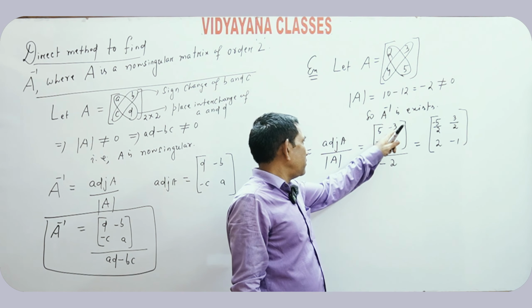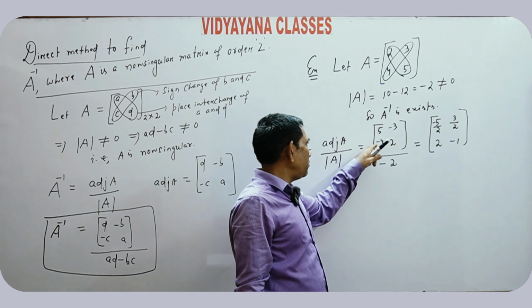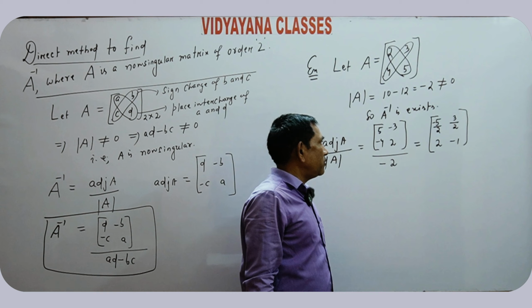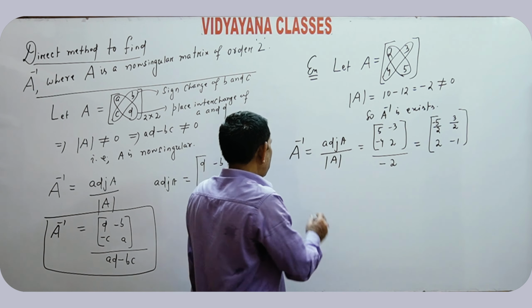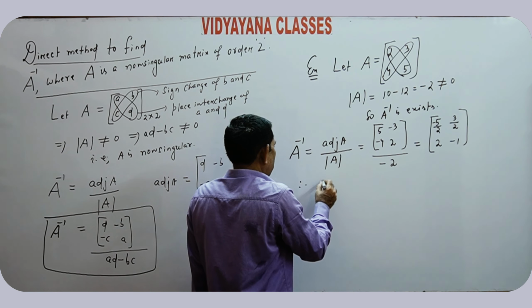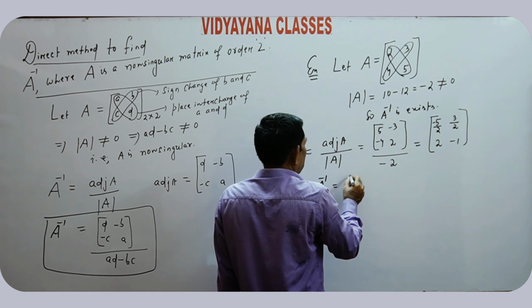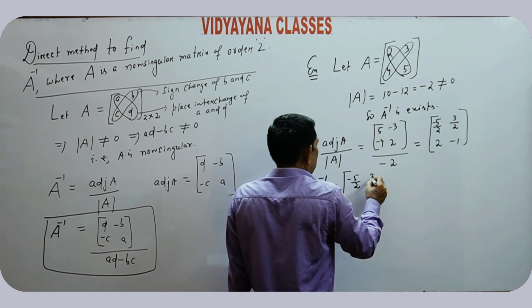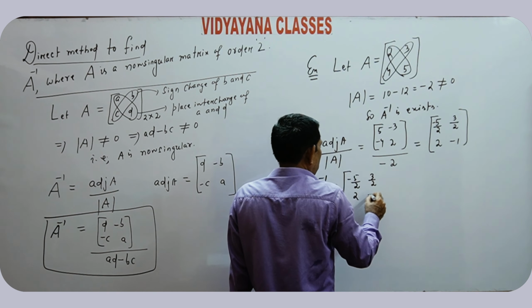Minus 5 by 2, plus 3 by 2, minus 4 divided by minus 2, that is 2, and 2 by minus 2, that is equal to minus 1. Therefore, A inverse is equal to minus 5 by 2, 3 by 2, 2, minus 1.